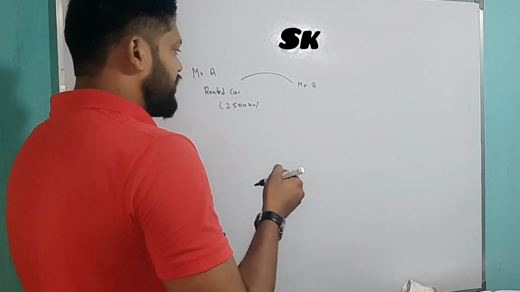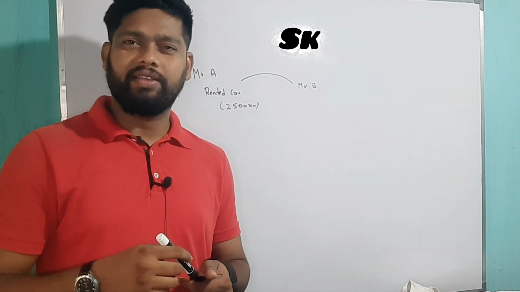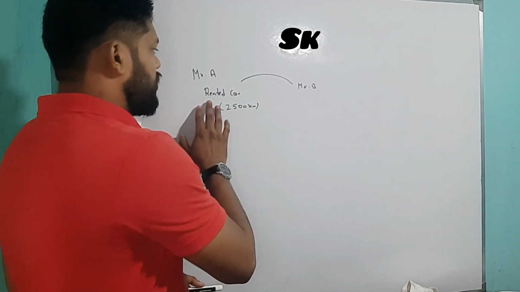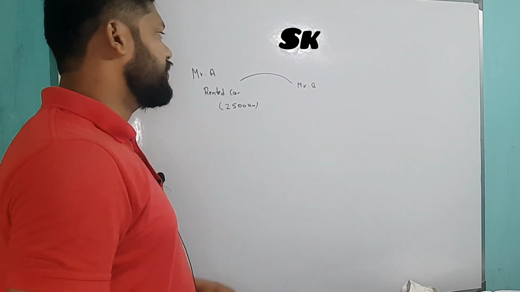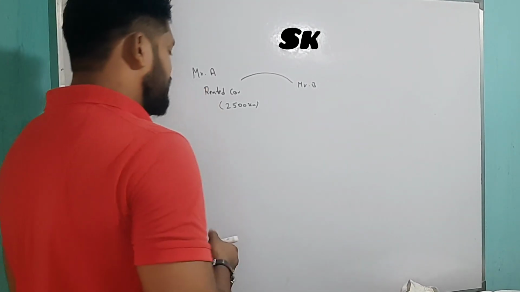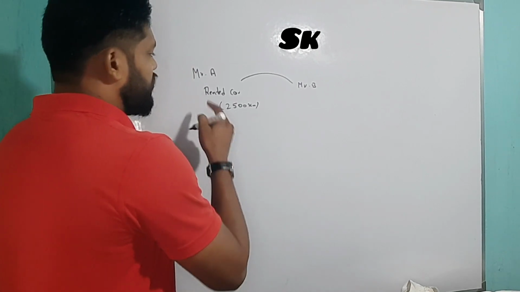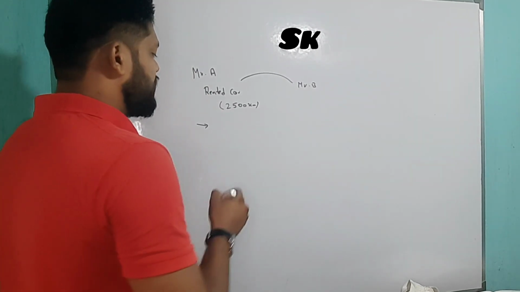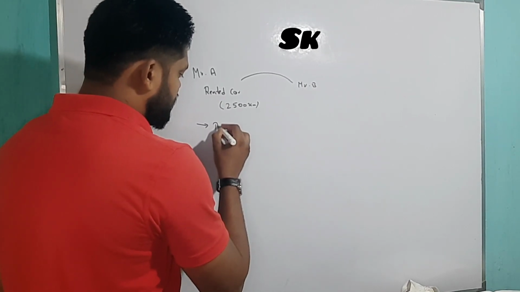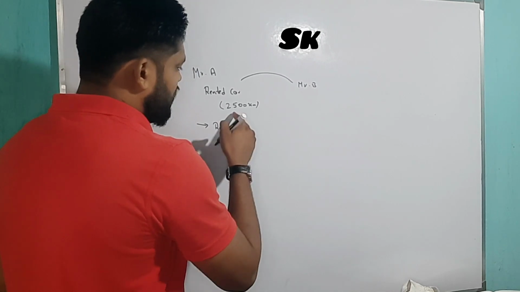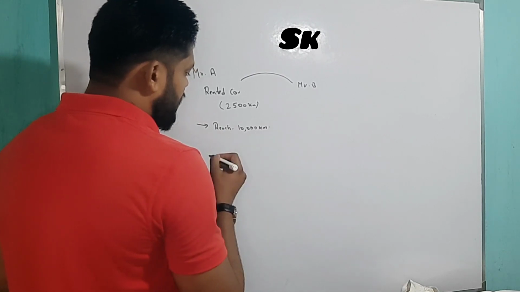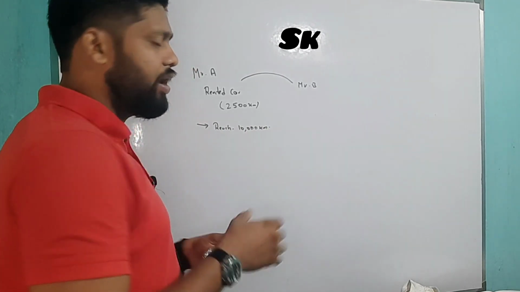When he has given the car to Mr. B, it was 2500 kilometers. Then A has given many instructions to B, because the car is owned by Mr. A. He said that when the rented car reaches 10,000 kilometers, you have to give me back the car with the amount.